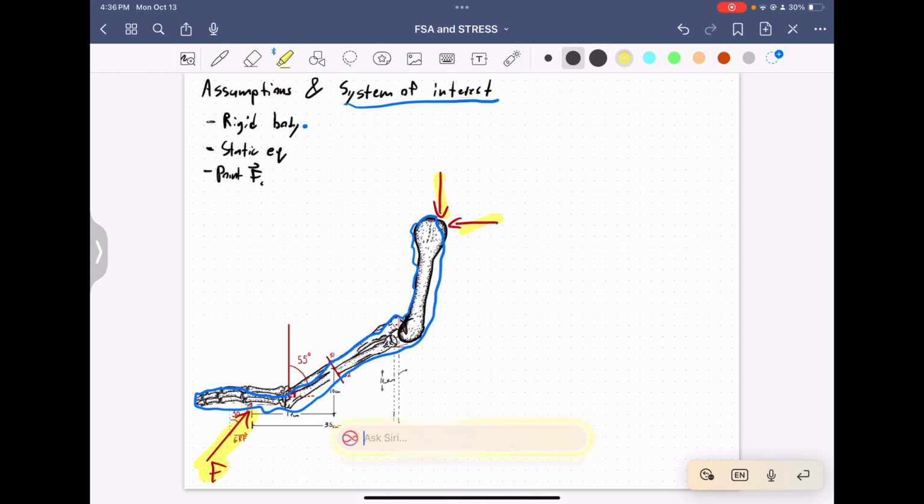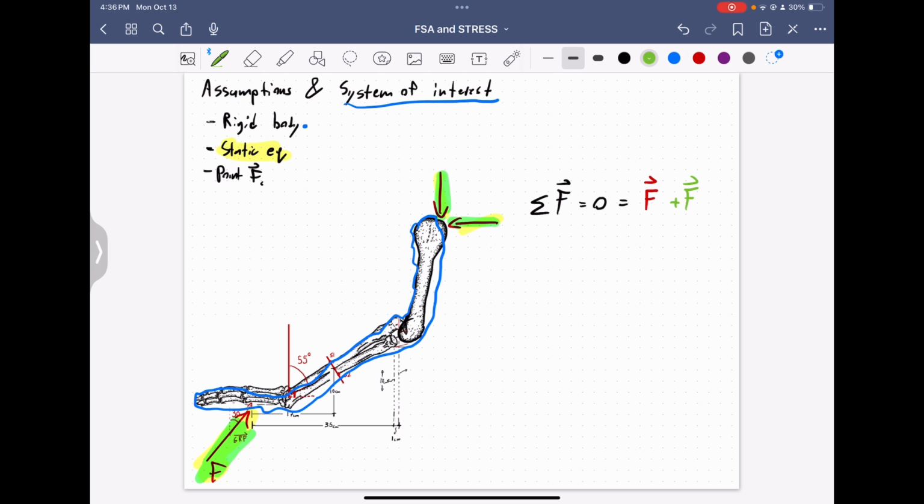And that's where we get that static equilibrium, because if we say static equilibrium and we're only given this force, we know that there has to be another force there. Mathematically we can display it as sum of forces is zero because static equilibrium, and we know that F is not zero, so we need to add some sort of other force in order to get it to be zero.